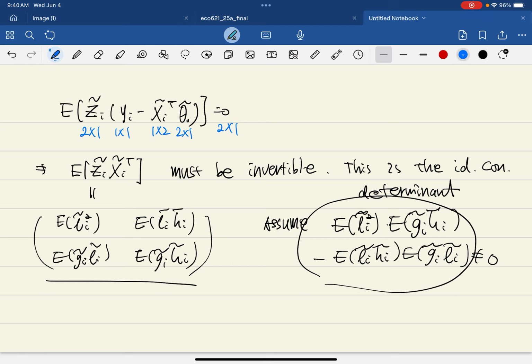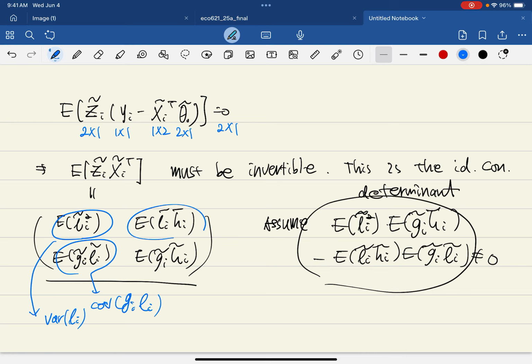And one more thing. Remember, this is basically the variance of Li, right? And this is the covariance of Gi and Li. And this is the covariance of Li and Hi. And this is the covariance of Gi and Hi.